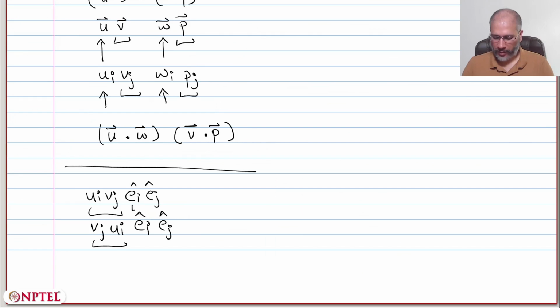I cannot change the order of Ei Ej, because that represents an outer product between the bases, and I know that outer product is not commutative. But since Ui and Vj simply denote scalar components of vectors, they can be rearranged, and the answer is still the same. So be very careful: don't rearrange the basis components, but you can rearrange the scalar components.